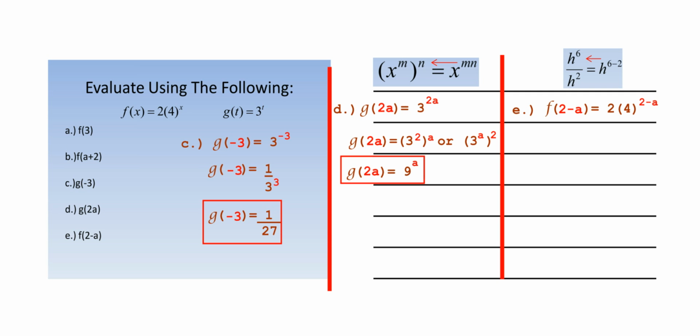Well, we could probably go in reverse order again, agreed? Rather than combining them into a subtraction, we can revert back into division with the same base. The base in this case is 4. So reverting back into a division. F of 2 minus a is equivalent to 2 times 4 squared divided by 4 to the a. And notice now that the 2 is the one that goes on the top.